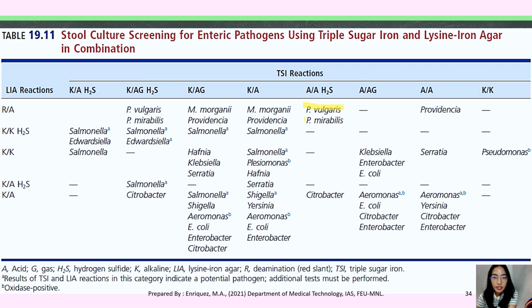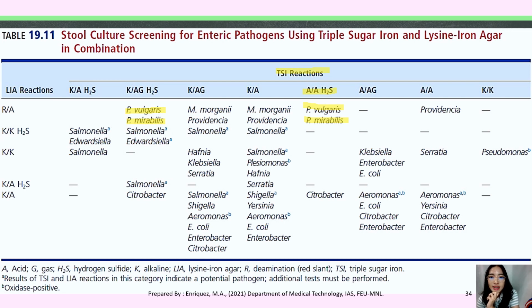Both of them have been noted to produce an A over A, positive for H2S reaction on TSI. But if we look over here, they can also produce a K over A, positive for gas and positive for H2S. So, these are the same organisms, but they could produce different TSI reactions.